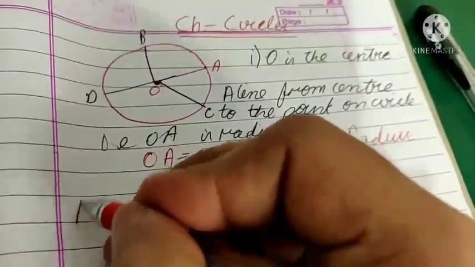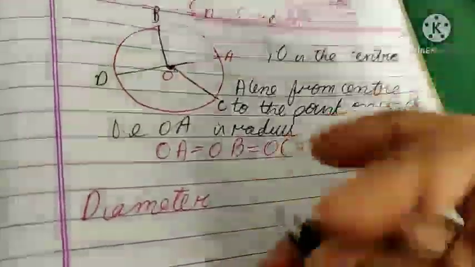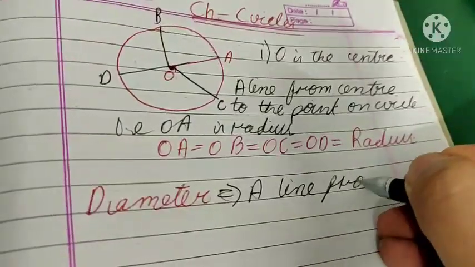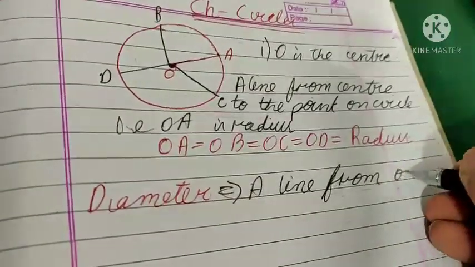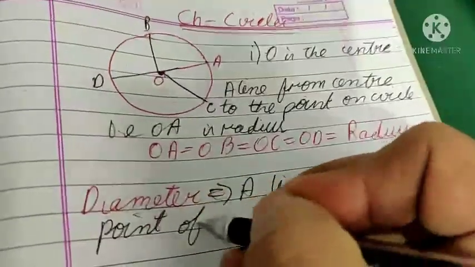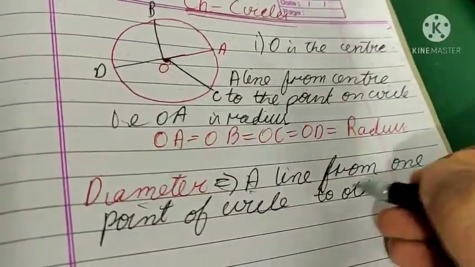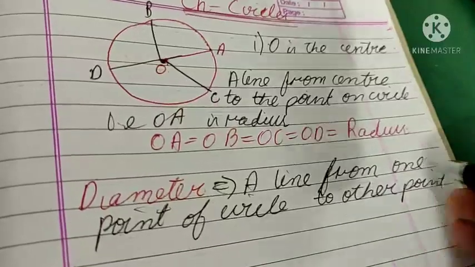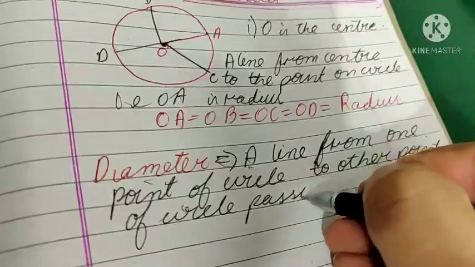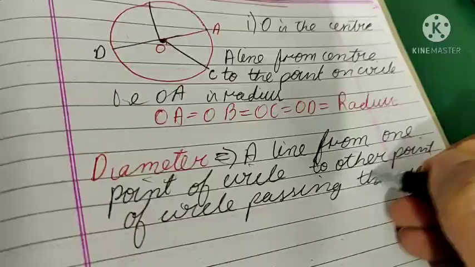So second point here is diameter. What is diameter? A line from one point of the circle to the other point of the circle, passing through the center.